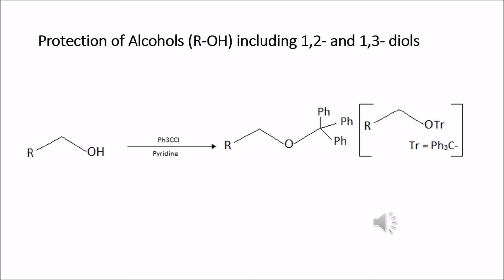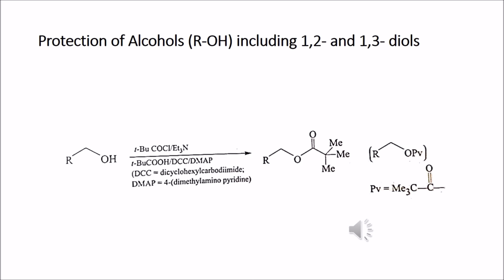For example, here you can see the triphenylmethyl, that is trityl, ether protecting group, where rotation about the O-CPh3 bond is rapid and the phenyl rings sweep out a large volume around the oxygen atom to prevent the approach of anything except the smallest nucleophile like a proton.